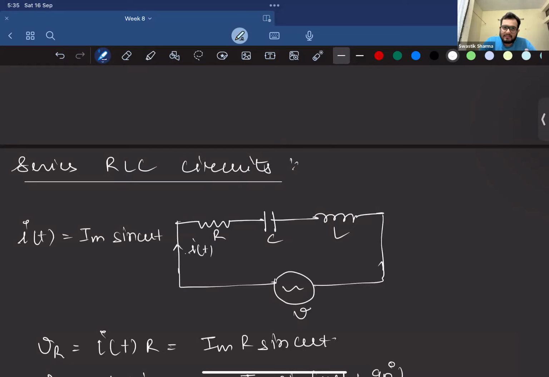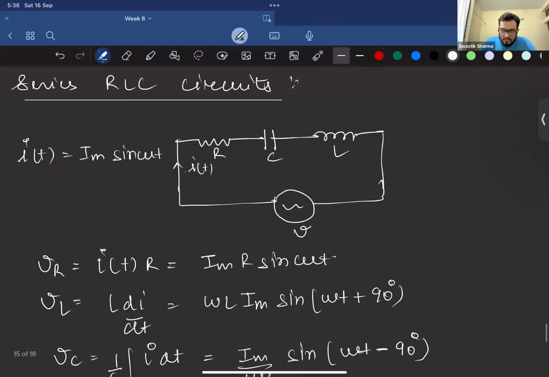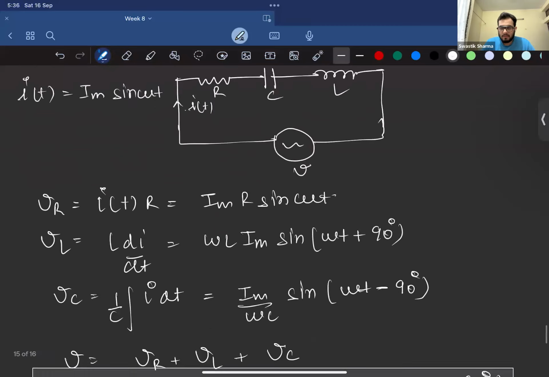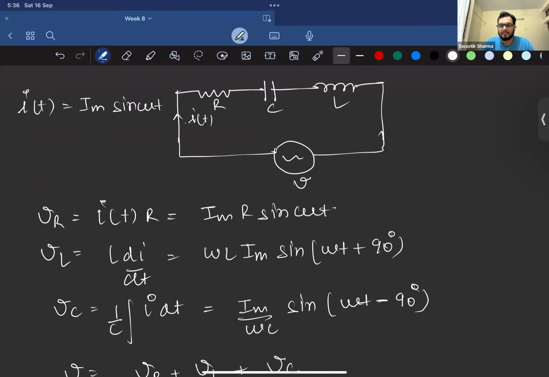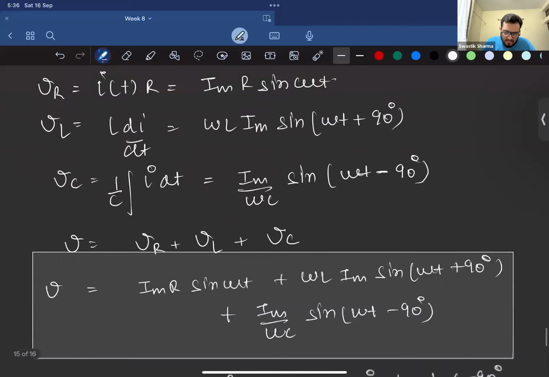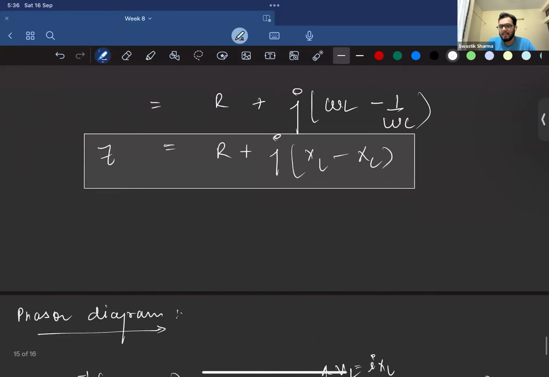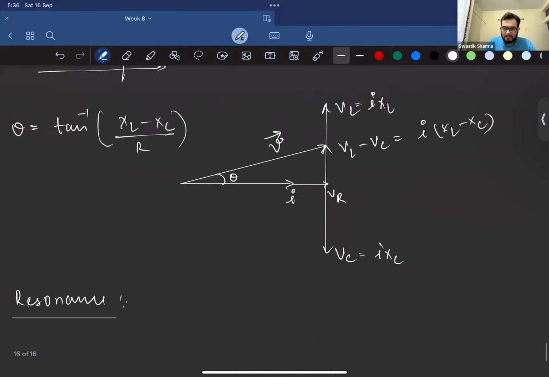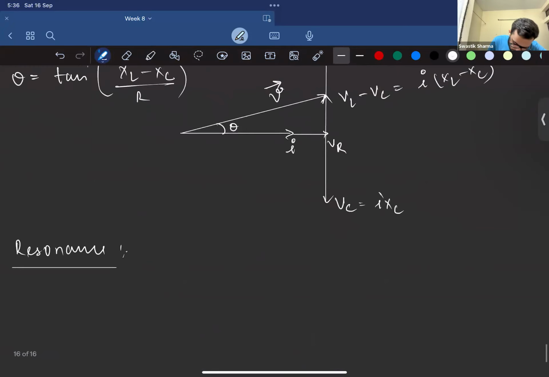What if at a certain frequency, or at a certain value of L and C, the impedance of the circuit becomes purely resistive? That means the effective value of XL minus XC is zero. That condition is called the resonance condition, right?